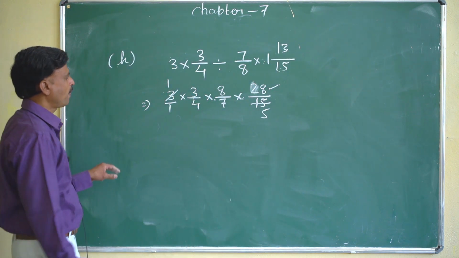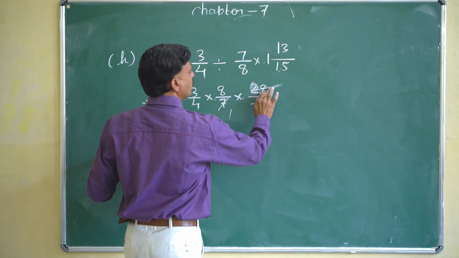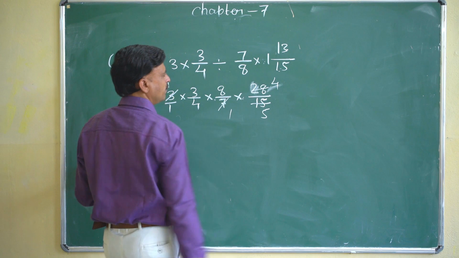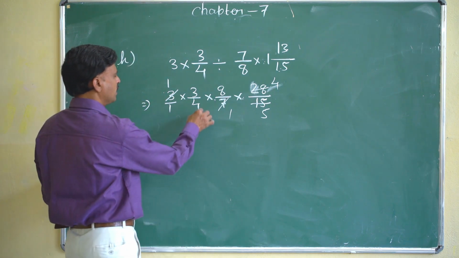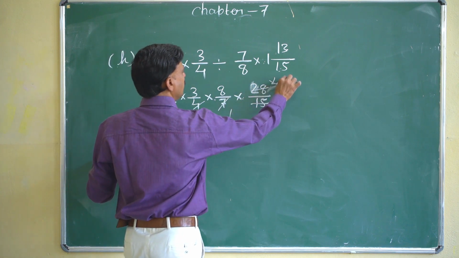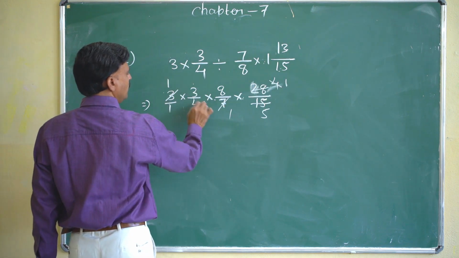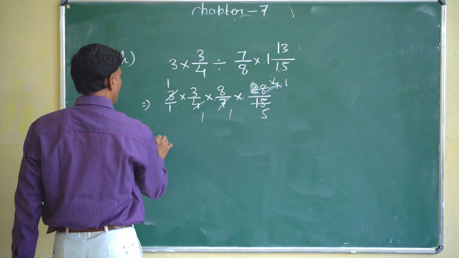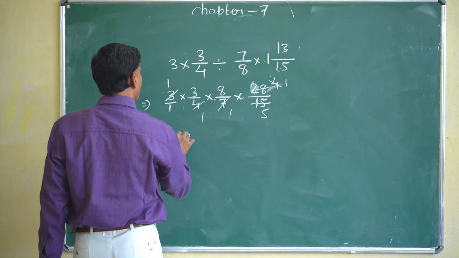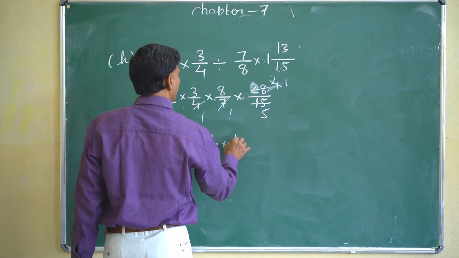Got it? Now you'll see that 7 will cancel with this 28, 4 times. 7 once is 7, 7 fours are 28. And this 4 also will be cancelled. Now what we are getting here is 1, here 3, here only 8, and this is 1 by 5. So 3 into 8 by 1 into 5.